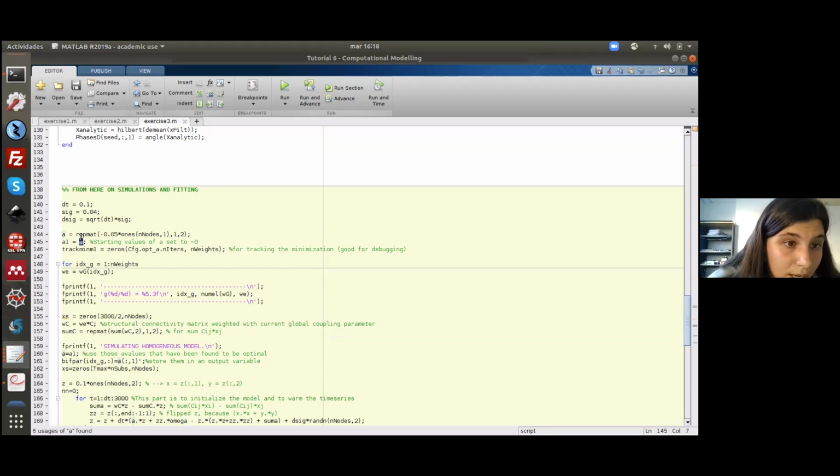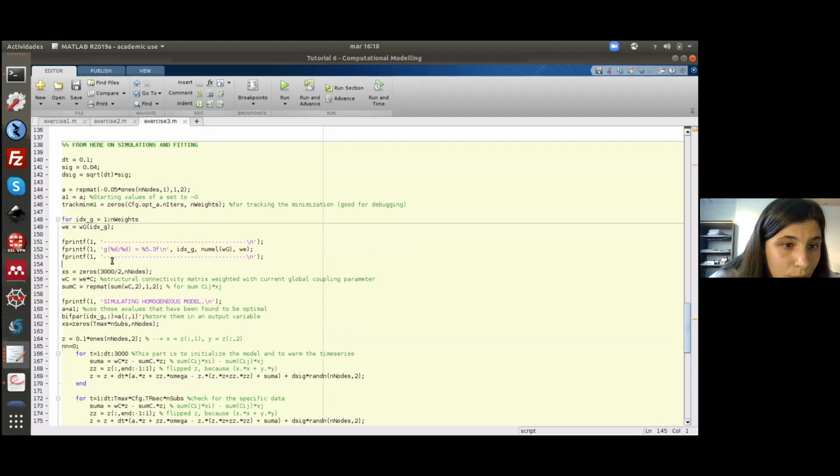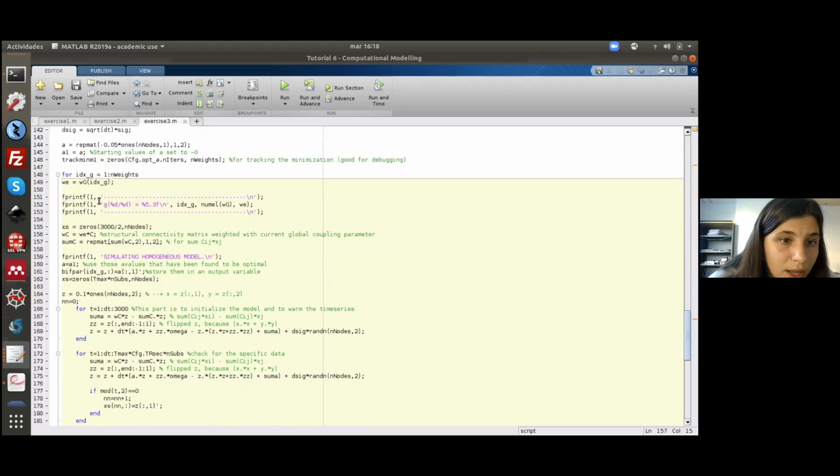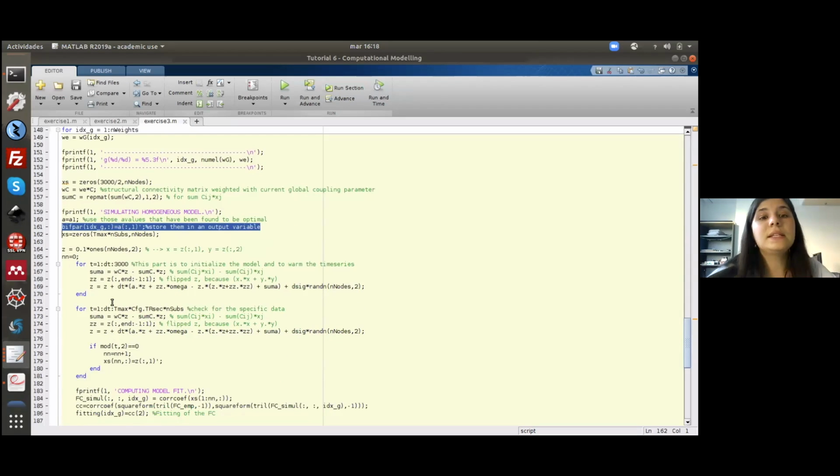As I said before, here we have the values of A, and in this case, these values of A, the bifurcation parameter, are going to be set to 0. So this part is the homogeneous model, what we call the simulation of the homogeneous model. The big part of the A's are set based on this previous A, and here we first have an initialization part for training the model.